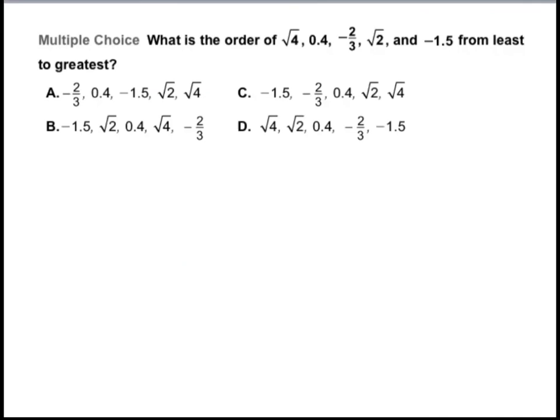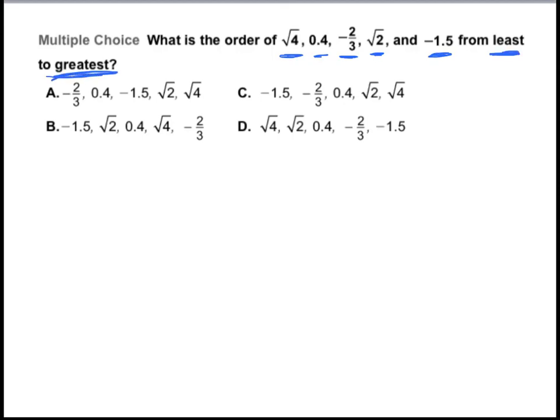So here's a question, and we have to put these numbers, radical 4.4, negative 2 over 3, radical 2, and negative 1.5, in order from least or smallest to greatest or biggest.